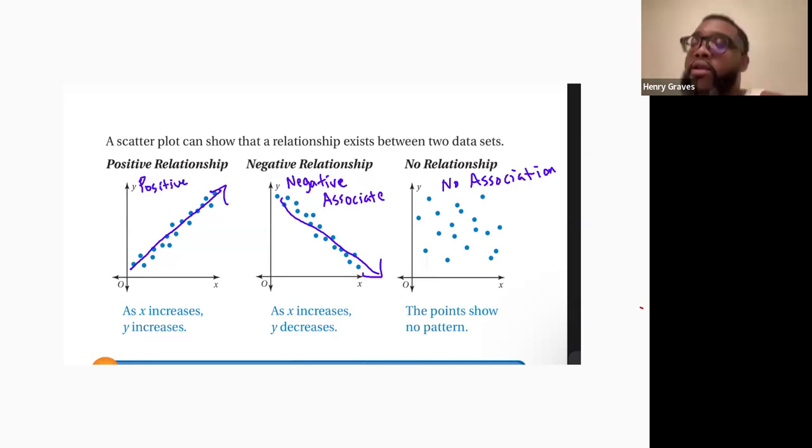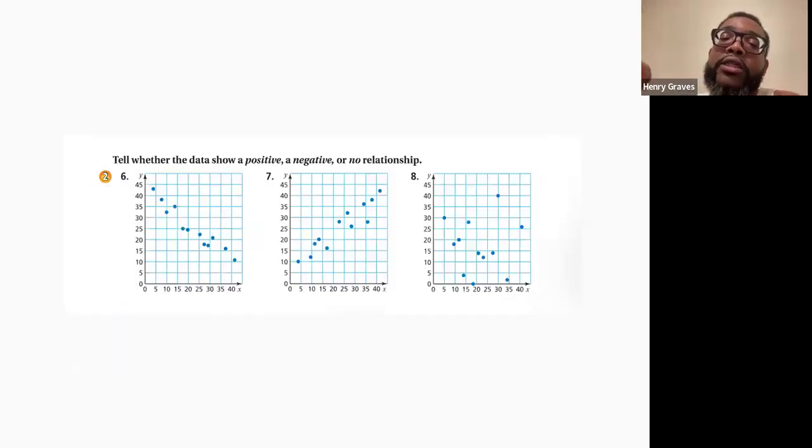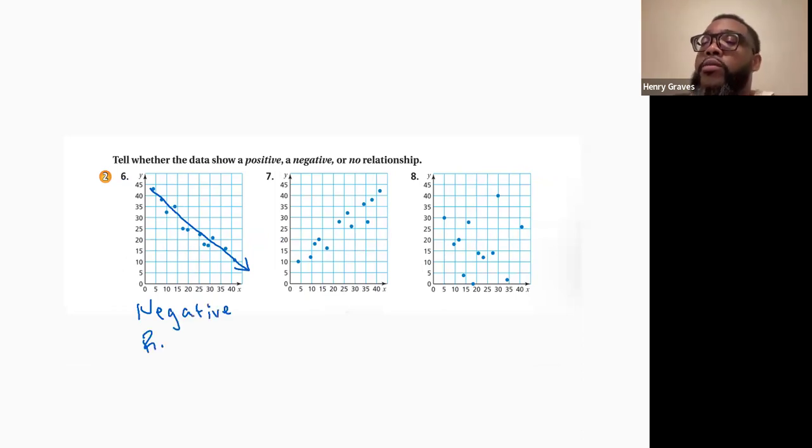Now I'm going to look at the next page. There's a small quick example about that. If you notice here, it's going down on my trend line, so this is obviously going to be a negative relationship. And here, it's mostly positive. They're all going in one direction.